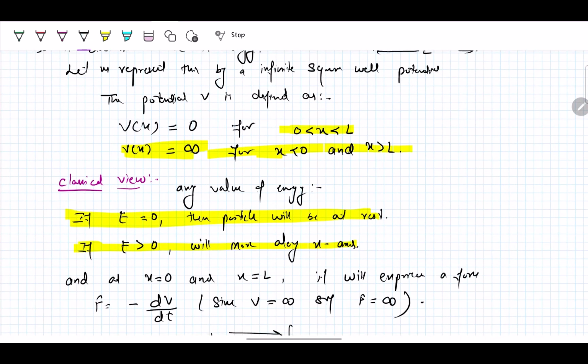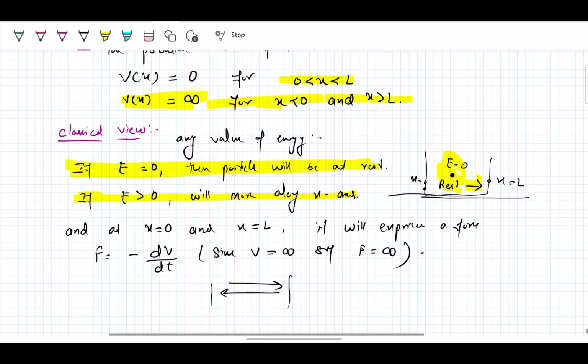If E is greater than 0, then the particle starts its movement along the x-axis, and at the walls, at x equals 0 and x equals L, it will experience a force, F equals minus dV by dx.